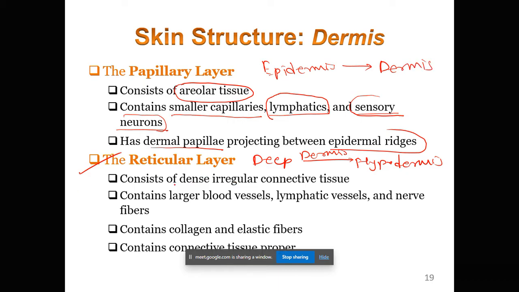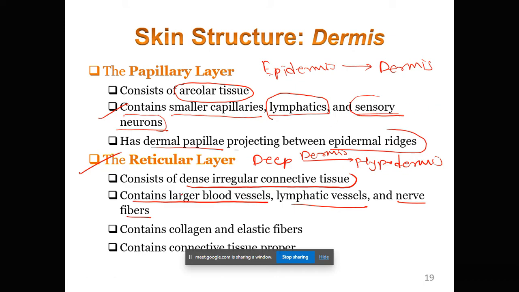So what is the reticular layer? It consists of dense irregular connective tissue. It contains larger blood vessels, lymphatic vessels, and nerve fibers. You can see that in both the reticular and papillary layers the contents are the same: blood vessels, lymphatics, and sensory neurons.